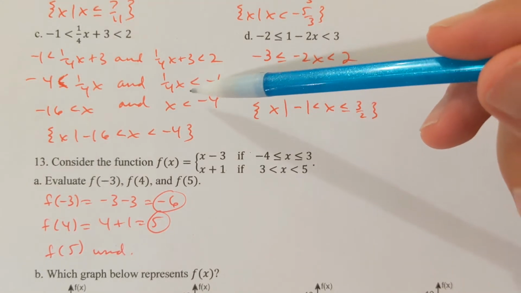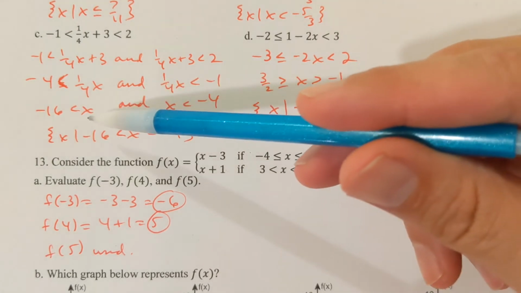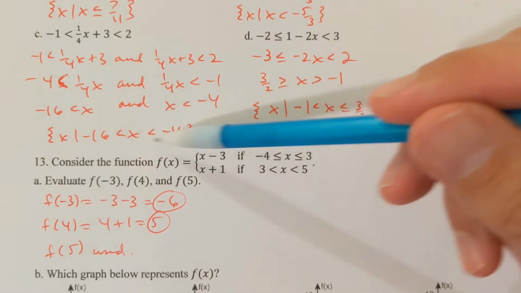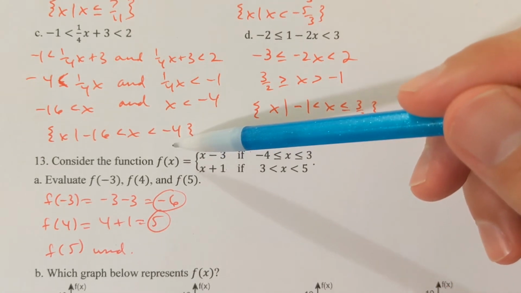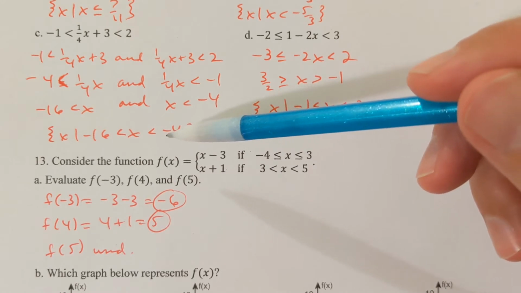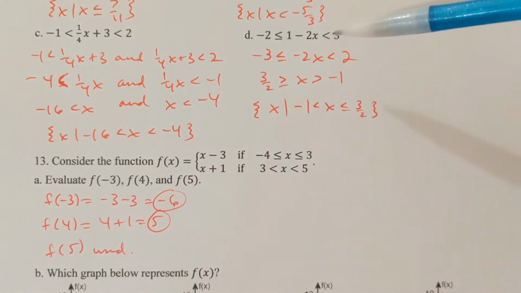Multiply by 4 on both sides. 4 is a positive number, so I'm not flipping any sign there. x is greater than negative 16 and less than negative 4. So I'll write that back as a three-part inequality.